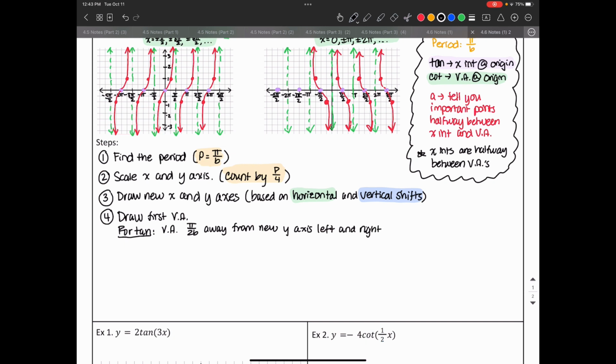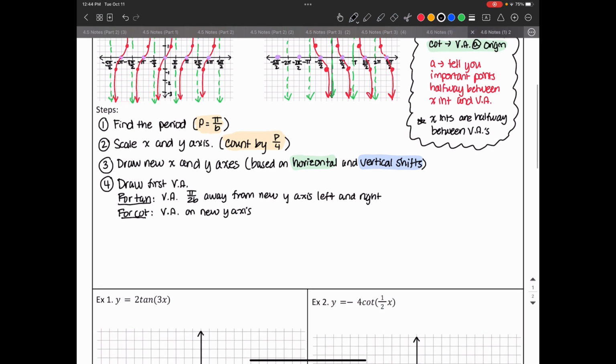They are going to be pi over 2b away. For cotangent, the first vertical asymptote is going to be at the origin, like we already talked about. So I already know it's going to be on the new y-axis.